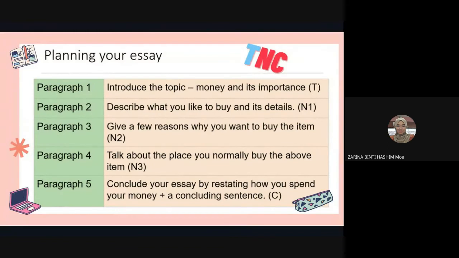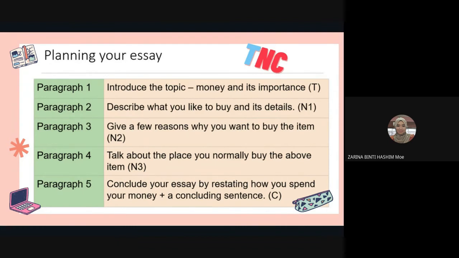Okay, paragraph 4. Again, ada lagi satu soalan kan? What is the question? Where do you normally buy the item? Here you will talk about that. So talk about the place you normally buy the above item. So that will be your N3. Okay, N3.